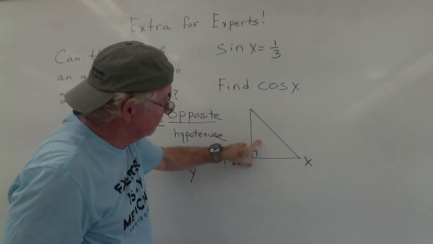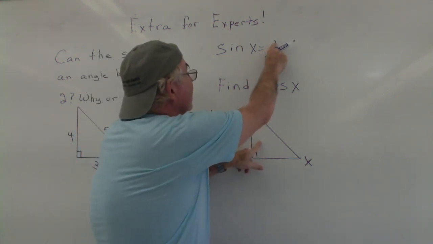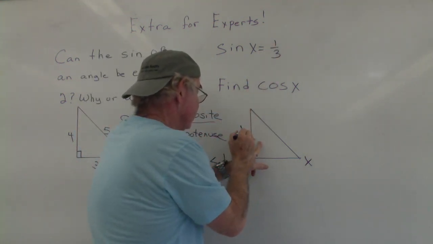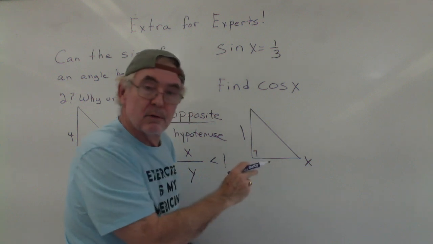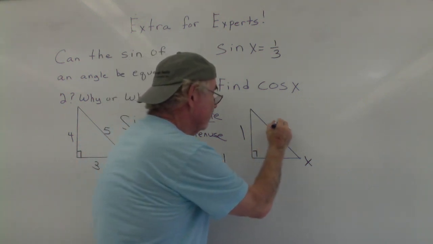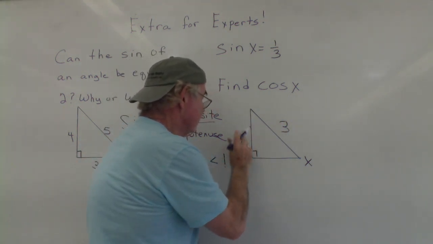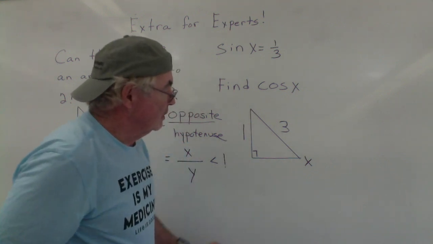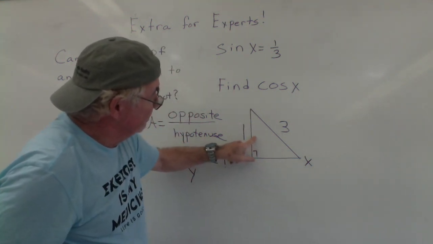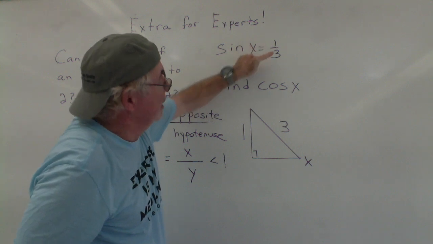The opposite, which is 1, over the hypotenuse, which is 3. Sine, opposite over the hypotenuse.